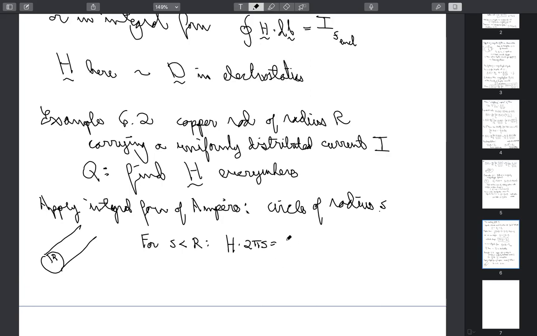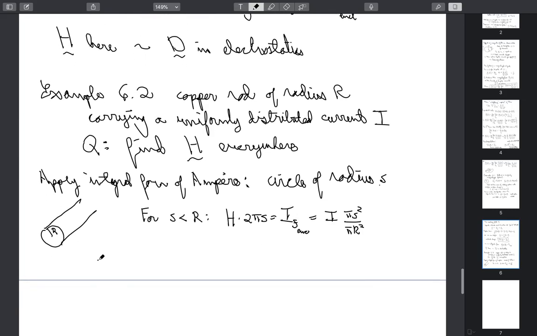This would have to be equal to the free enclosed current, which is really the surface that we have, so just pi s squared, with the current. And it's the ratio between pi s squared and the total pi r squared. You see, if s was equal to r, then the full current I would be enclosed. Otherwise, you just take a chunk from the current.